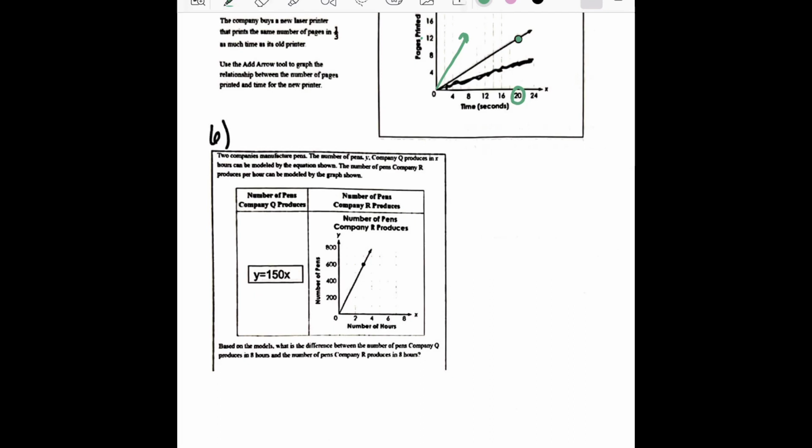The equation is going to make this really easy for us because we are going to plug 8 in for X. And then we can just plug that into our calculator. So we are going to do 150 times 8. And that's going to get us 1,200 pens. And this is company Q.